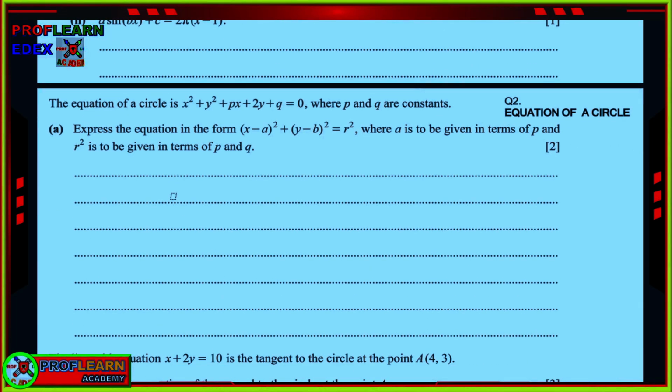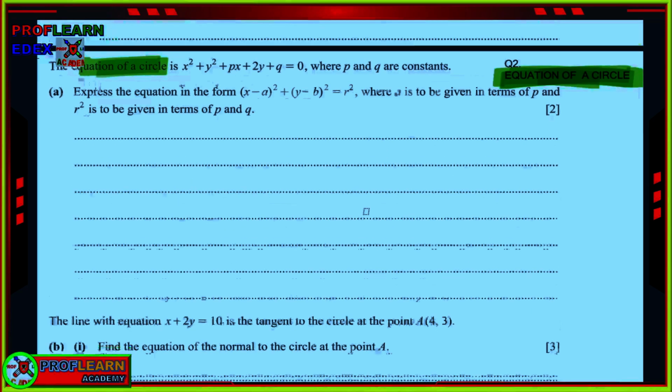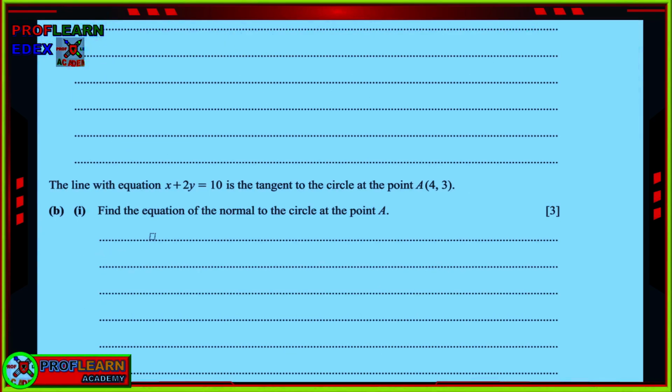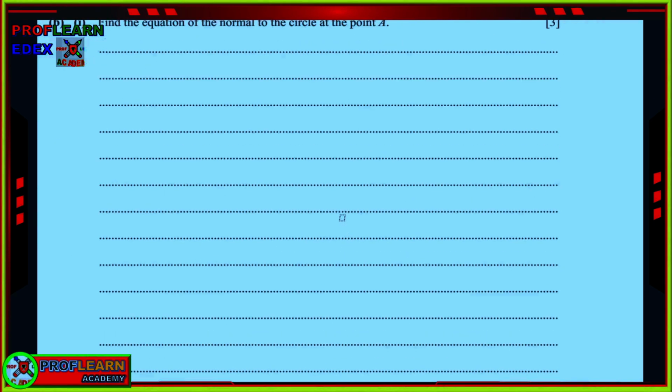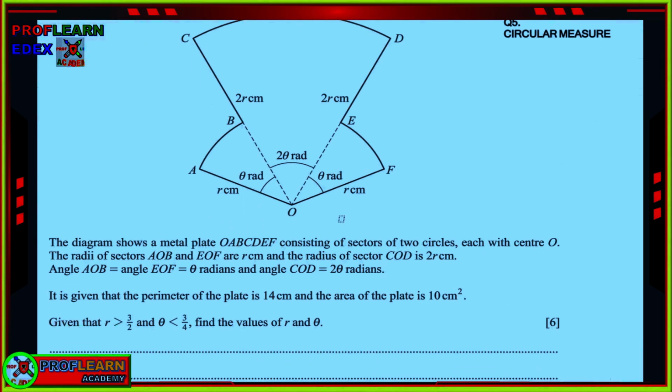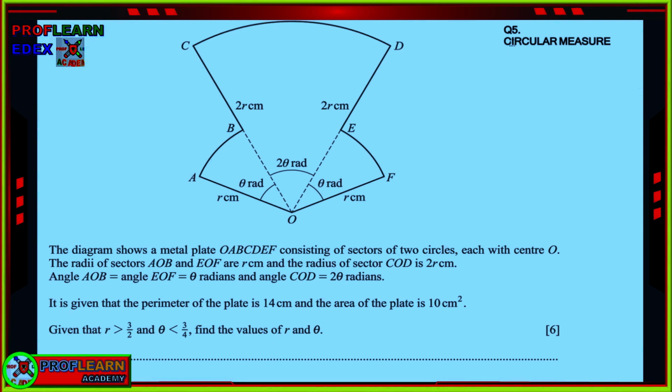Get ready to solve questions to do with the equation of a circle, which is also another key area likely to be tested. So finding an equation of a circle, also finding the point of intersection between a line and a given circle, the equation of the normal, and also the equation of a tangent to the circle. This is circular measure. Circular measure is also an area that must be tested.